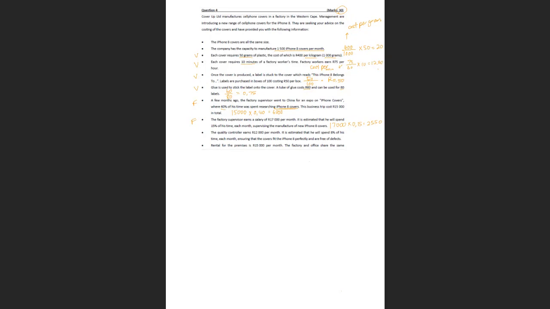The next one is the quality controller. 12,000 Rand per month is what he earns, but he again will only spend 8% of his time ensuring that the covers fit the iPhone perfectly and are free of defects. So it's the 12,000 Rand multiplied by only the 8% applicable to the job at hand, and that would be 960 Rand.